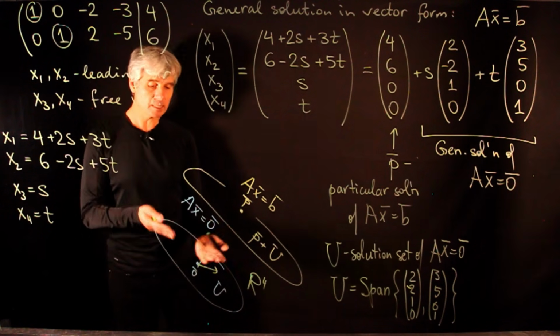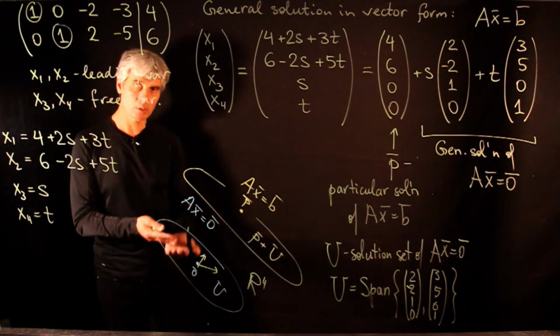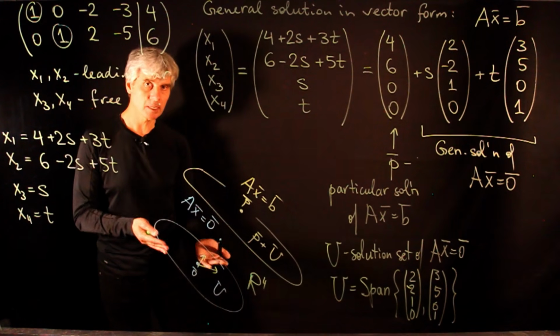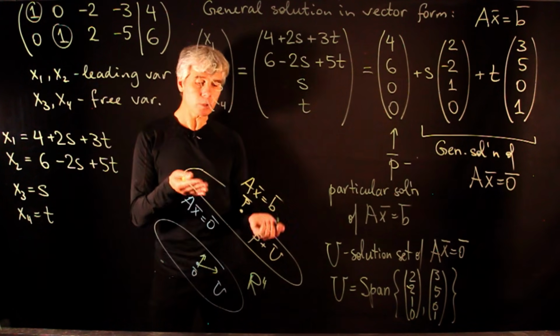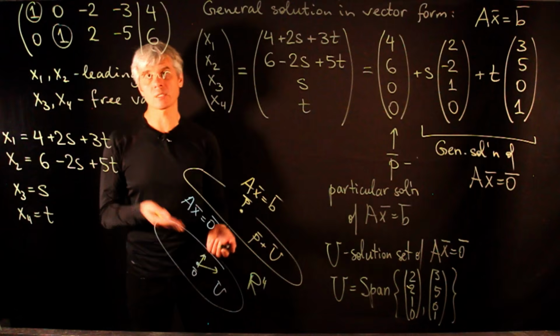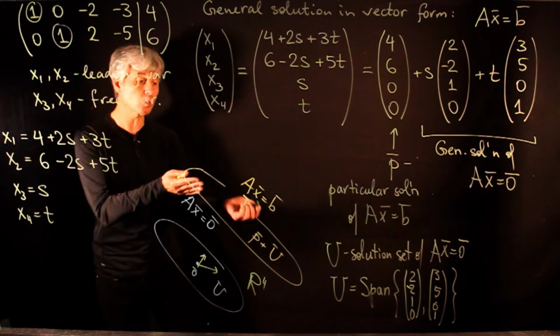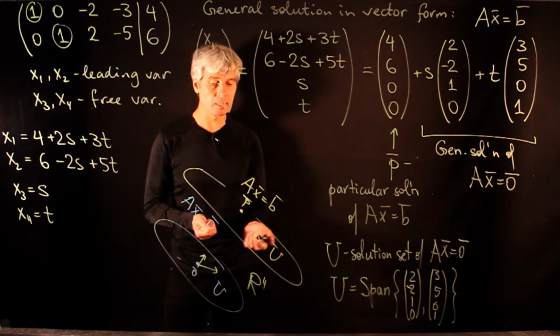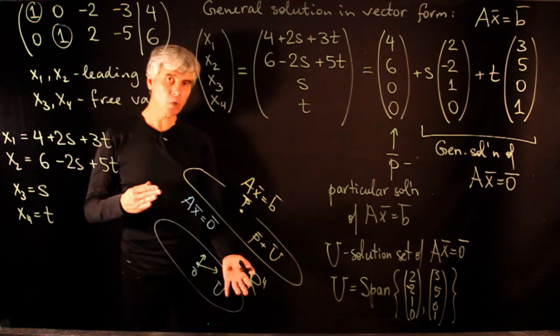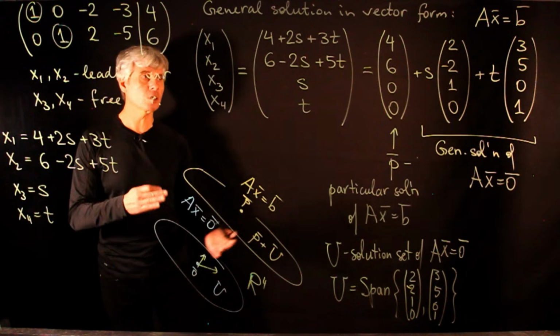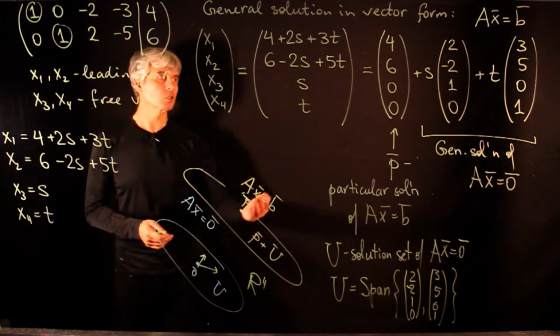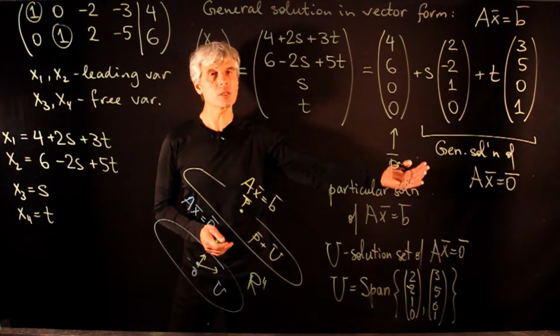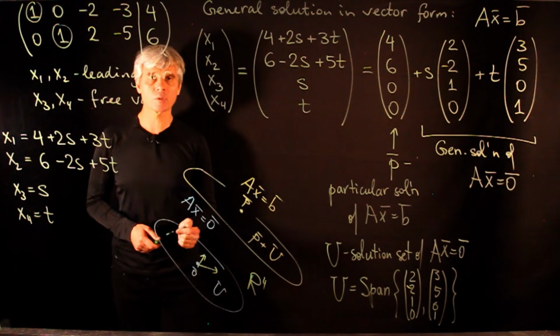And those planes that go through the origin are subspaces. And planes that do not go through the origin are not subspaces, because a subspace must contain a zero vector, right? And this does not. And so what we get here is a picture that relates solution sets of homogeneous and non-homogeneous systems of linear equations.